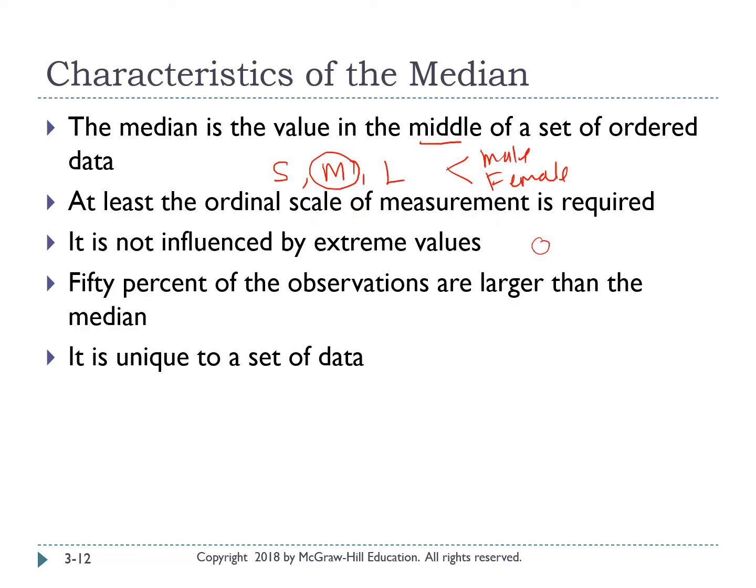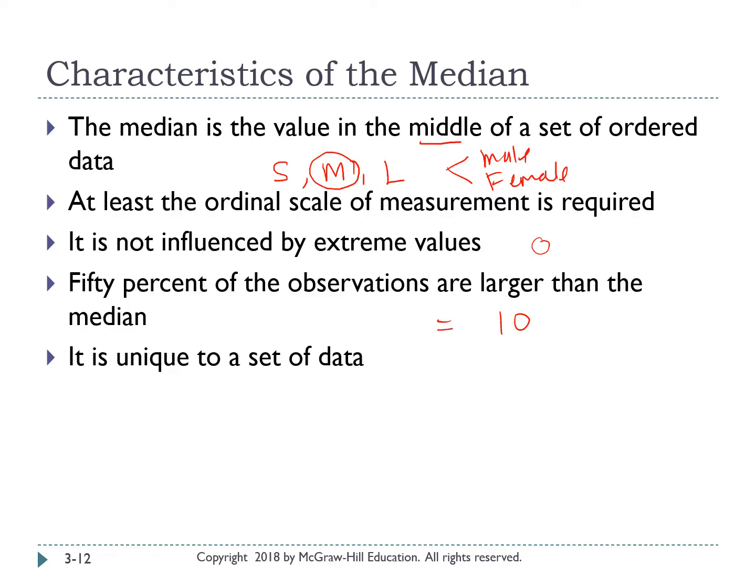Okay, the next point, this is how you interpret your median. You can say that 50% of your observations are larger than the median. For instance, you have computed the median. So you have how many observations? Maybe 5. And after computing, you got the median equal to, for instance, 10. So how do you want to interpret this number?